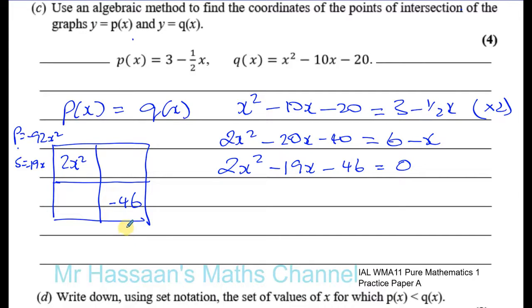Okay, so two numbers multiplied to give me 92 and add to give me minus 19. Well, they're opposite signs because it's a negative product. Okay, so let's think of all the ways of getting 92. We've got 92 divided by 2. That won't give us a difference of 19. No, 92 divided by 3.